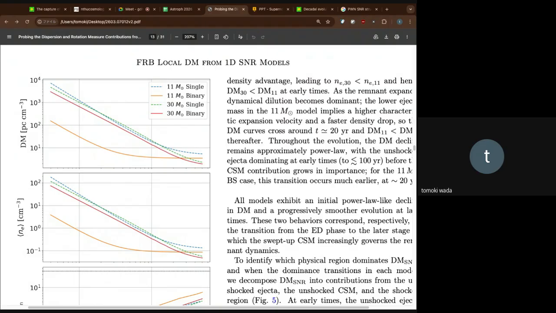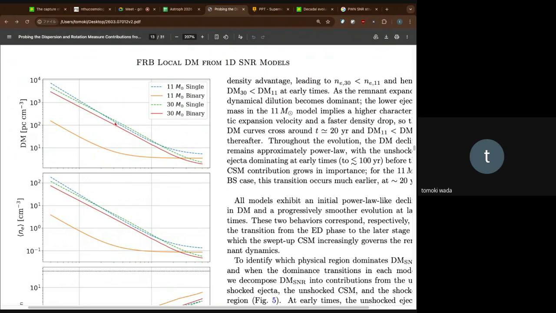The difference is in the ejecta mass. The final remnant is always a neutron star, but at the time of explosion, the ejected mass and remnant mass change because of binary interaction or single evolution. For massive systems, there is no such significant difference. I'm not sure why this occurs.